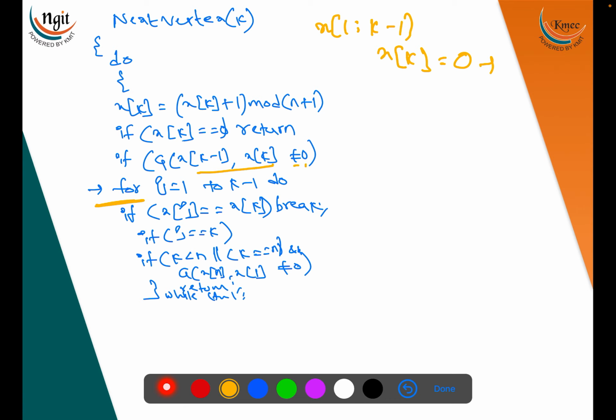If not, we'll start with j equal to 1. Now, if x of j equals x of k, then it breaks. If j equals k, then we'll check whether the vertex k is less than or equal to n. If both conditions are true, then we will evaluate the next vertex. So, this is how we find the next vertex in the graph.